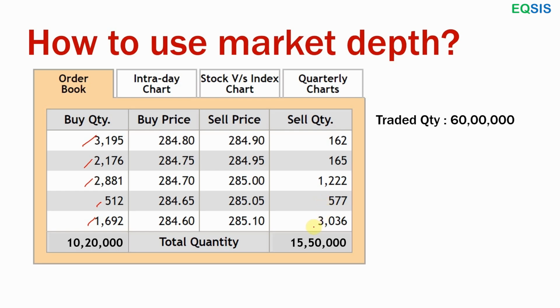Put together, we have about 15,50,000 sellers on the seller side. To explain things in this video, I treat each and every share as a seller so that it becomes convenient to explain it well. I hope you got that assumption. So there are about 10,20,000 buyers versus 15,50,000 sellers.